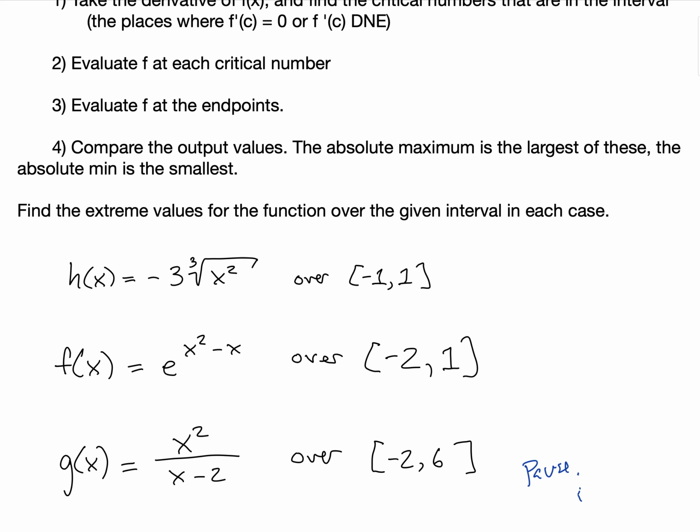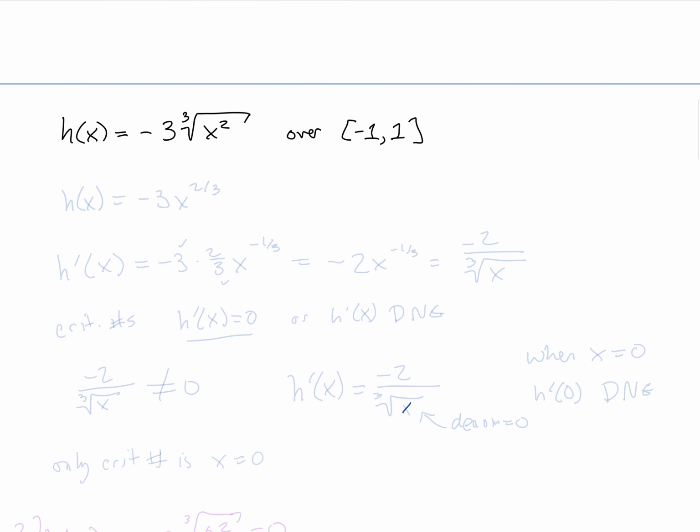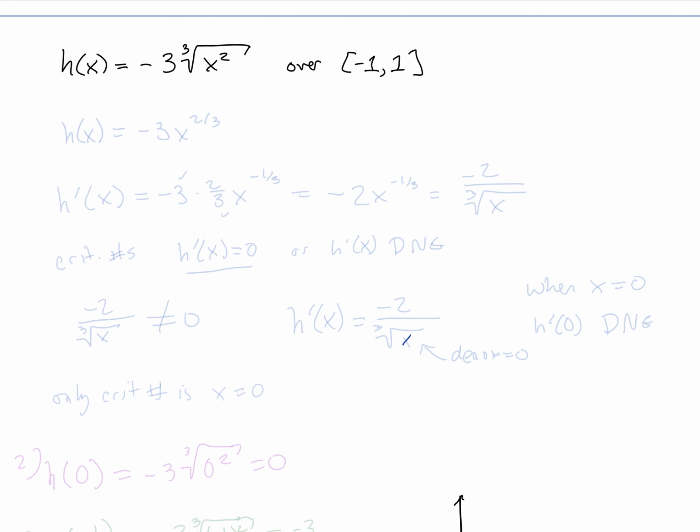All right, first one. h of x is negative 3 times the cube root of x squared over the interval from negative 1 to 1. First, I'm going to rewrite h of x as negative 3 times x to the 2/3 so that I can take the derivative using the power rule. Then h prime of x is negative 3 times, bring the power down, 2/3 x to the 2/3 minus 1, which is negative 1/3.